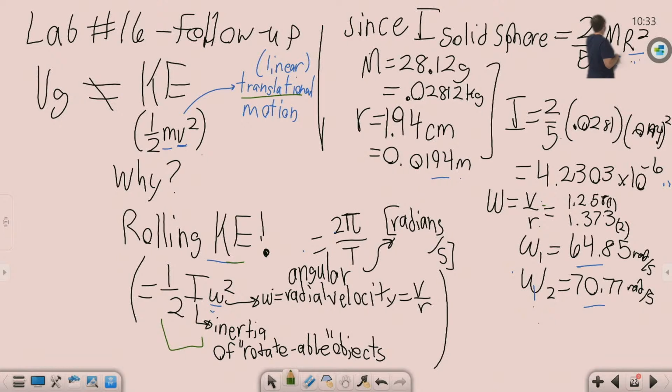Sorry, this should be r squared as well. The r squared's cancel, so radius didn't even matter. It ends up just being 0.2 m v squared. Did I say 2/5? Yes, 2/5, or 0.2 m v squared is this rolling amount of kinetic energy, KE rolling.